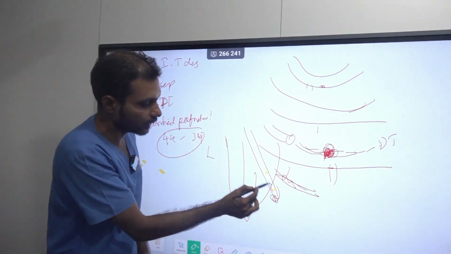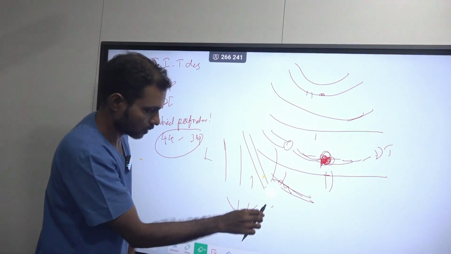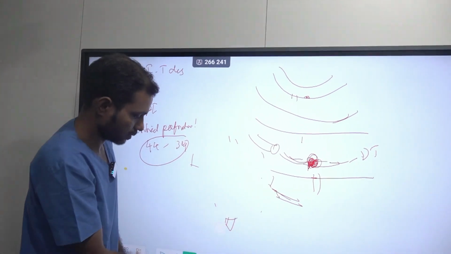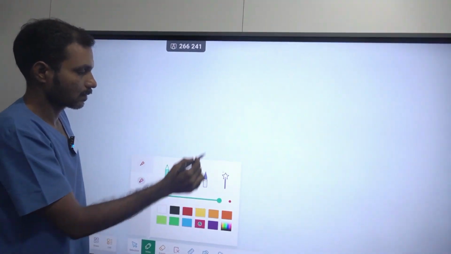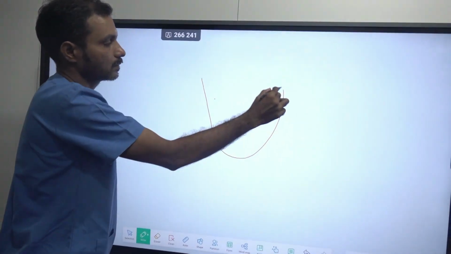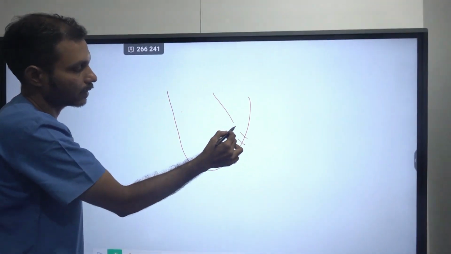Imagine you have perforated here, but the implant is only till here.